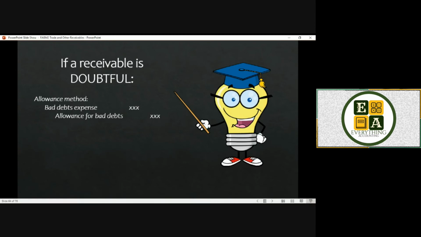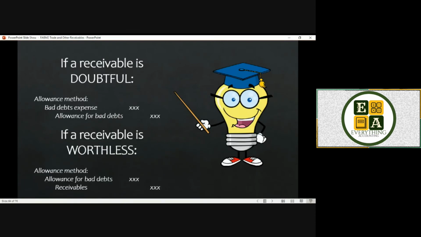What's an example of provision matrix? Yun nga, yung aging schedule of accounts receivable. A receivable is doubtful, we debit bad debt expense or doubtful accounts expense and credit allowance for bad debts or allowance for doubtful accounts. That is if the receivable is doubtful.